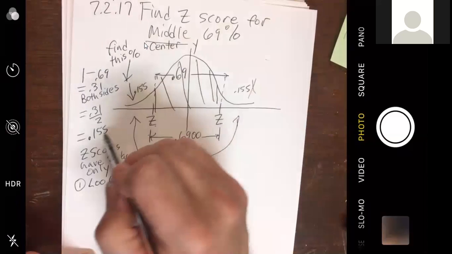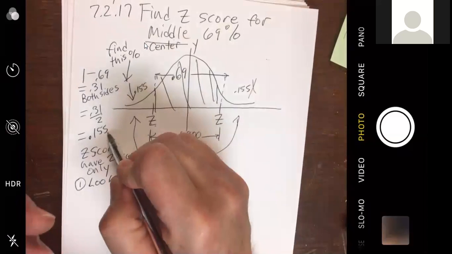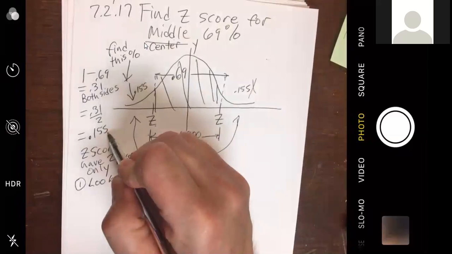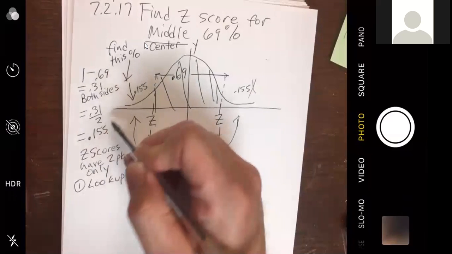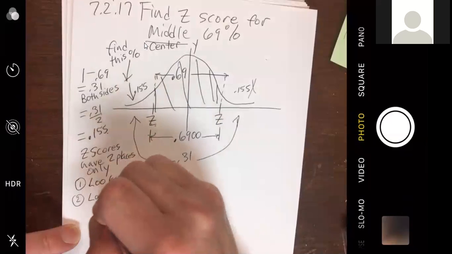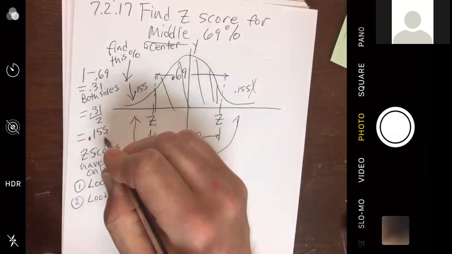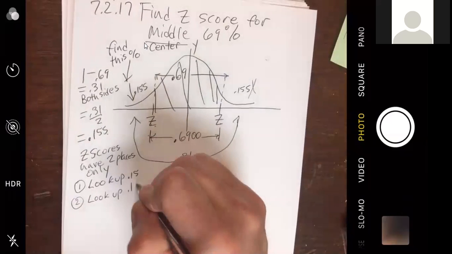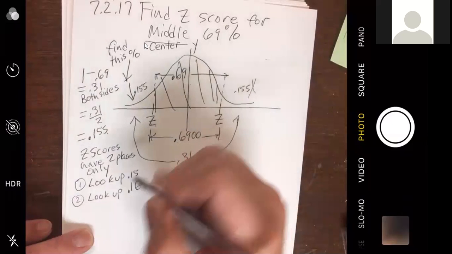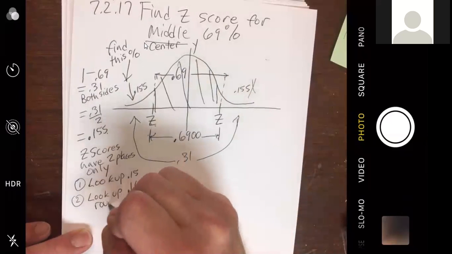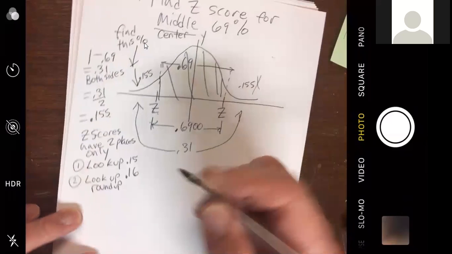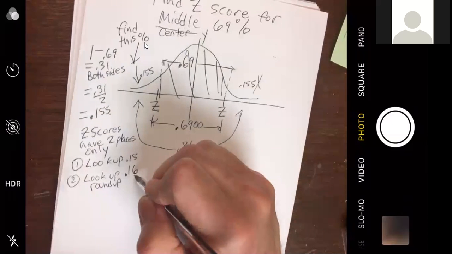Or some people look at the 3rd place, see how that's a 5, and they obey the rules of rounding and round it up to 0.156. Actually 0.16. They would round up to 0.16. You can choose either one.